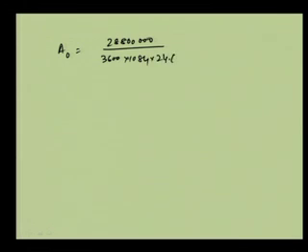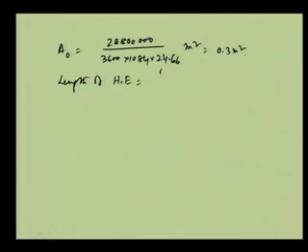So, 1084 into 224.66 gives the area, which is 0.3 meter square. So, the length of the heat exchanger is basically 0.3 by pi into 0.0254, the outside diameter of the tube, and that happens to be 3.76 meter.